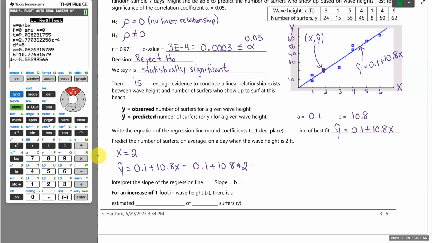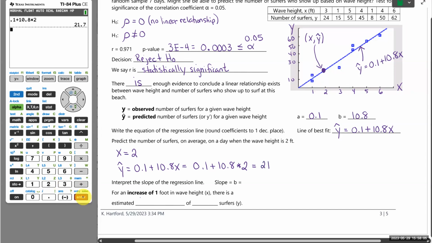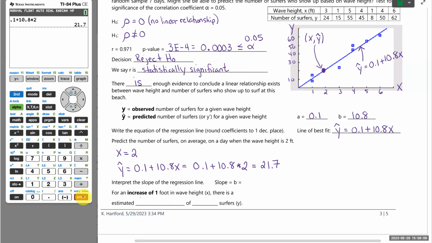And then we can enter it on our calculator just like that, 0.1 plus 10.8 times 2. So I predict that when the wave height is 2 feet, on average, 21.7 surfers will show up.